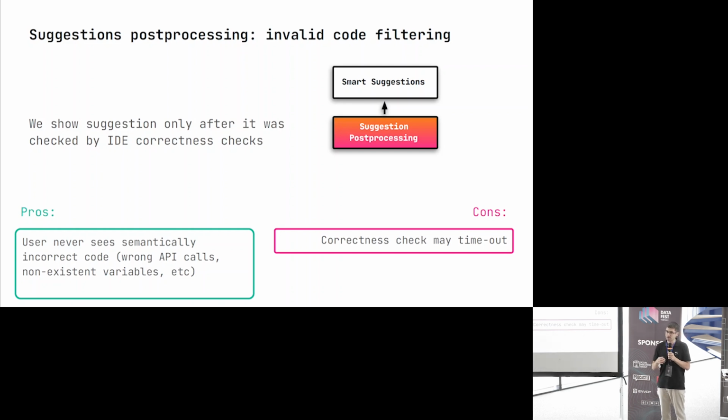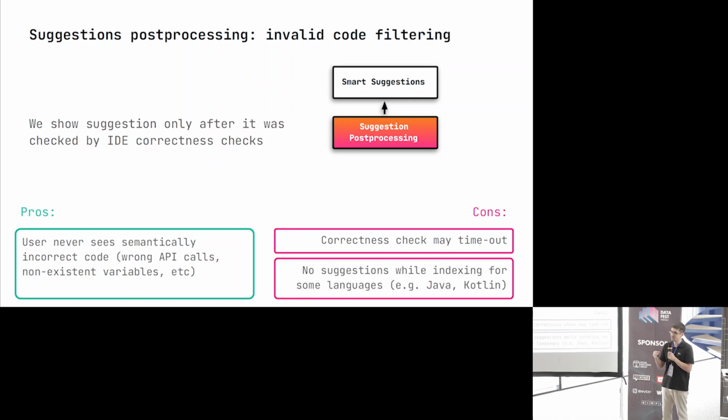First of all, these correctness checks may time out, and if they time out, we have to hide potentially good suggestions. Also, there will be no suggestions while indexing for some languages. For example, in a Java project, if your project is not indexed, you will not see full-line code completion because correctness checks are not available at that moment.